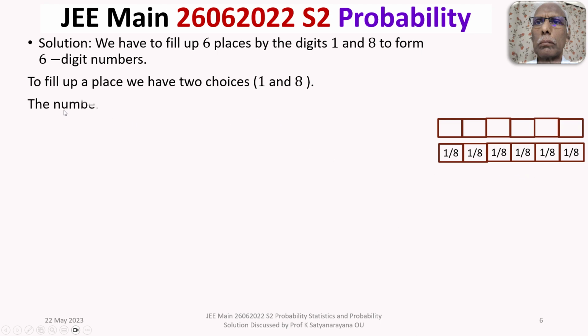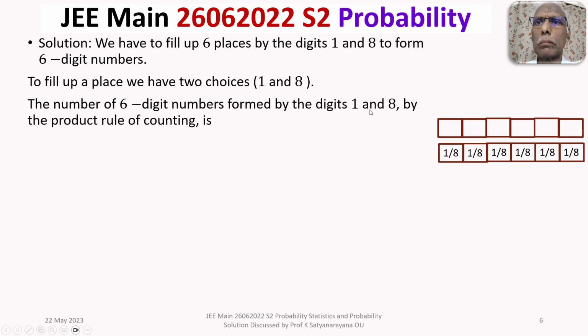Thus the number of 6-digit numbers formed by the digits 1 and 8, by the product rule of counting, is: for each place 2 choices are there. Use the product rule, 2 cross 2 cross 2, 6 times.